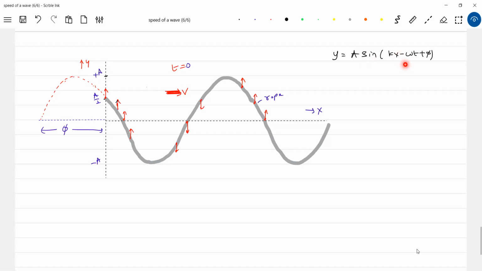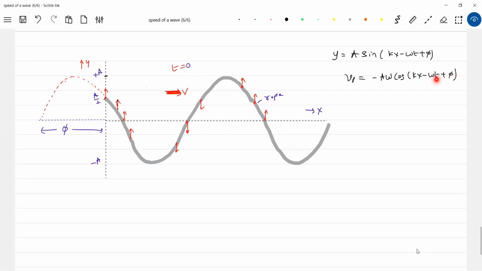Anybody suggest what you can do here? If I differentiate this, what do I get? Minus A omega cos of kx minus omega t plus phi.